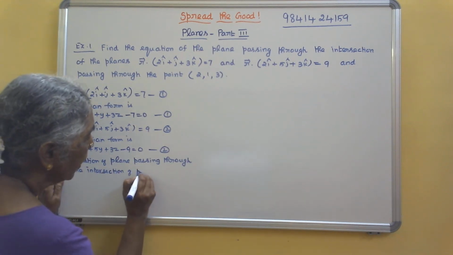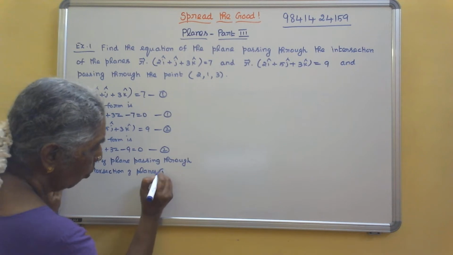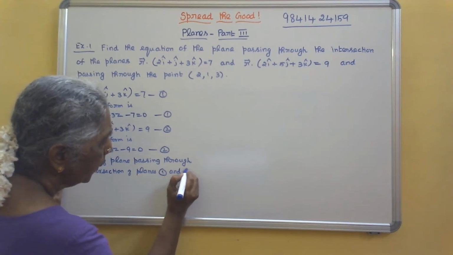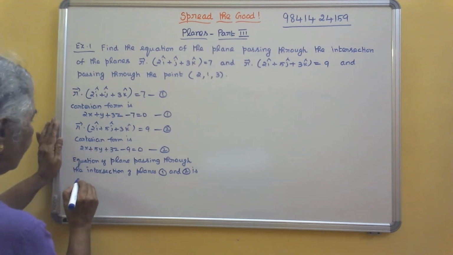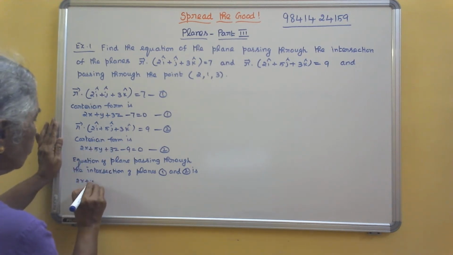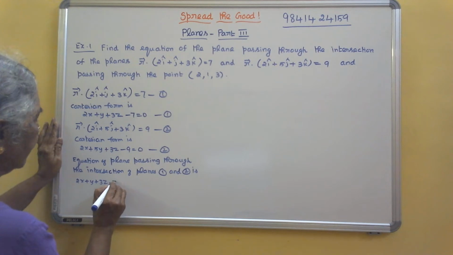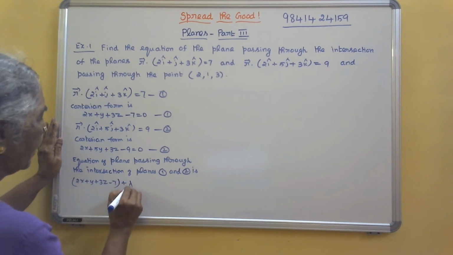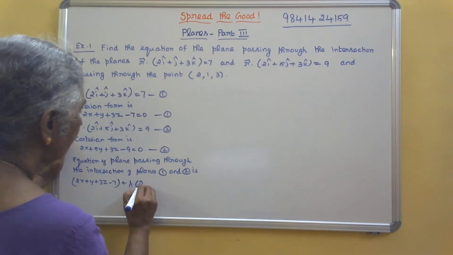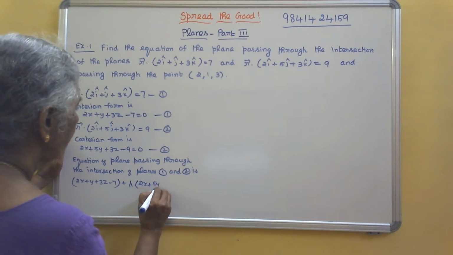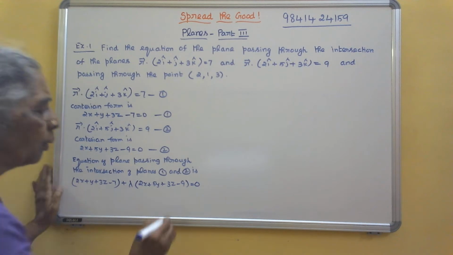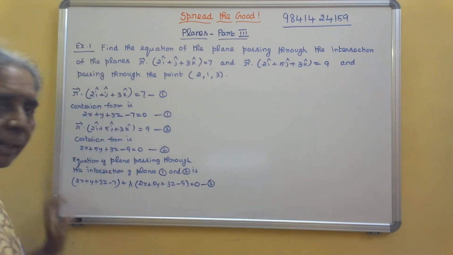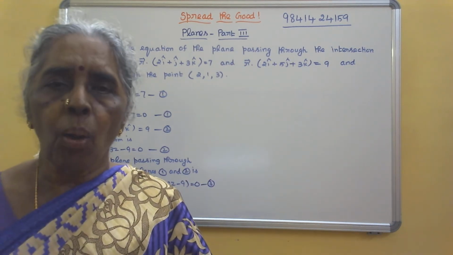Intersection of planes 1 and 2 is, you have to write the first equation, that is 2x plus y plus 3z minus 7 plus lambda times, write the second equation, 2x plus 5y plus 3z minus 9 is equal to 0. We can call it equation 3. This is the equation of the required plane.